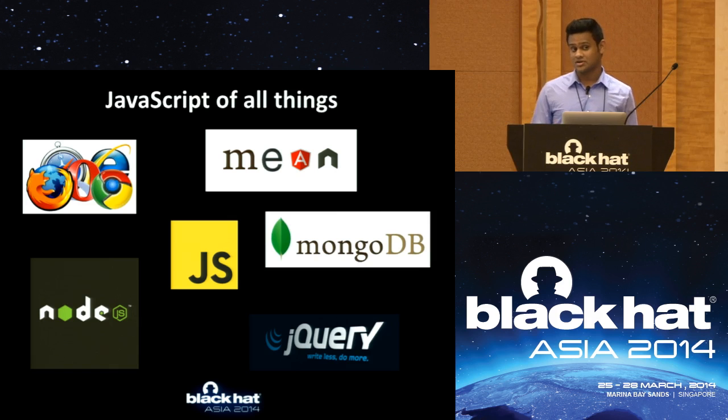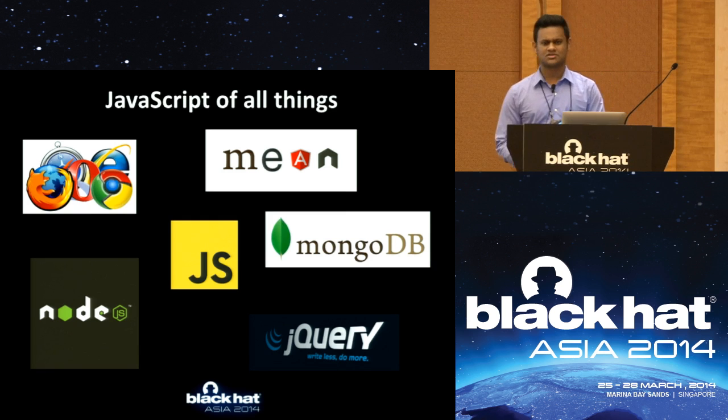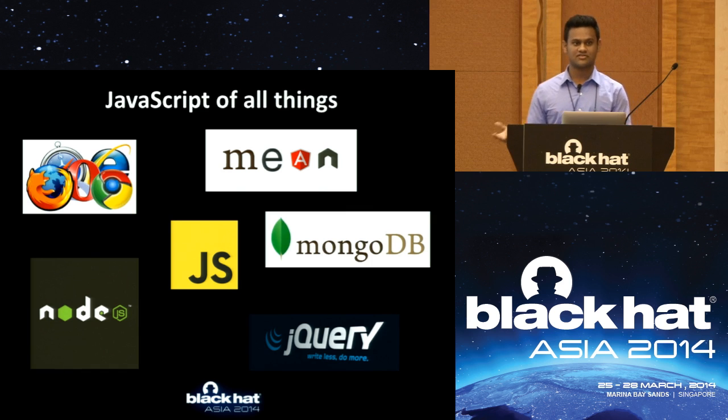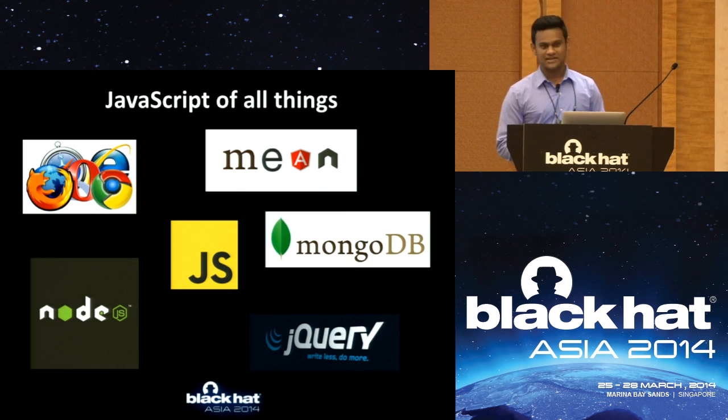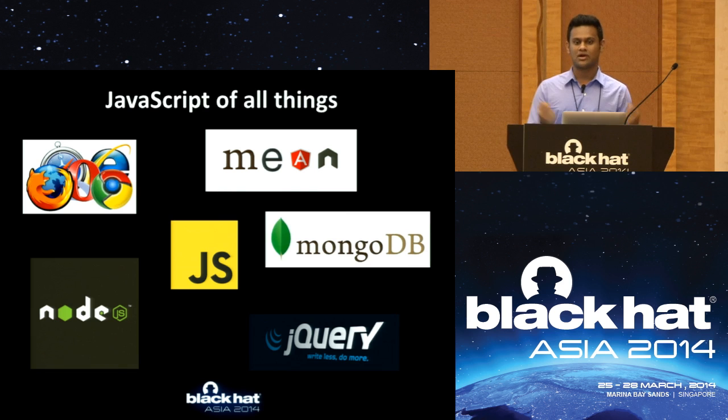It's a very famous web server framework in Node.js, which is again based on JavaScript. Then you have AngularJS, which is a client-side MVC framework by Google. And then you have Node.js, the server-side JavaScript platform. That's pretty amazing, right? You just learn one language and you can write a complete web stack, which is not what we used to have before.